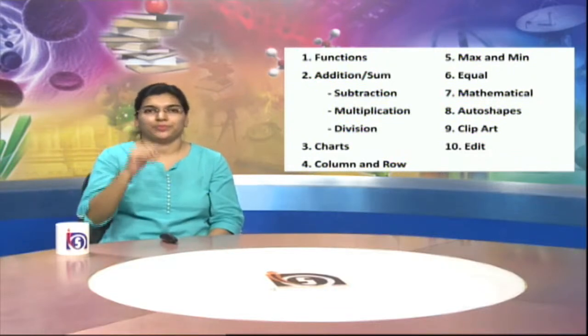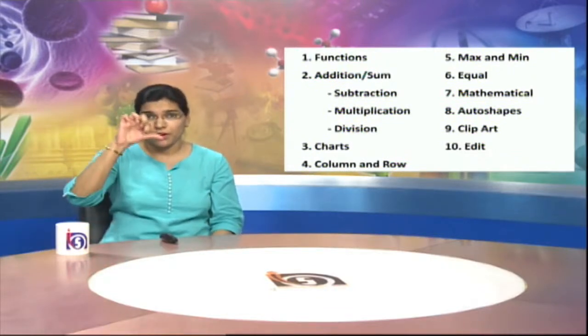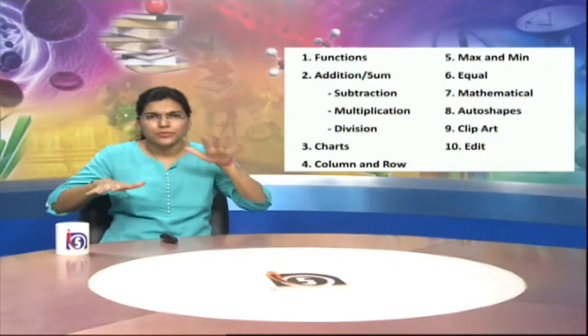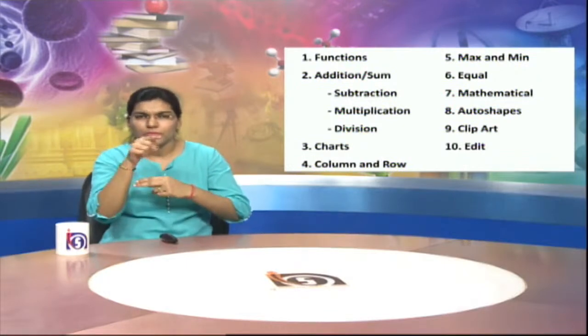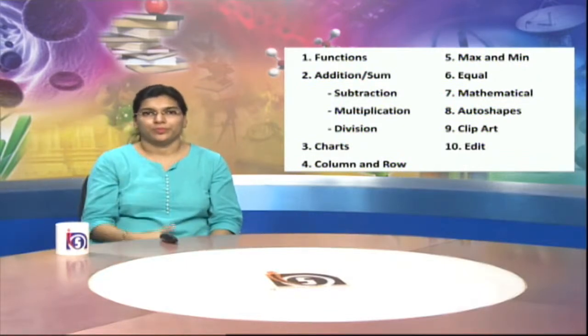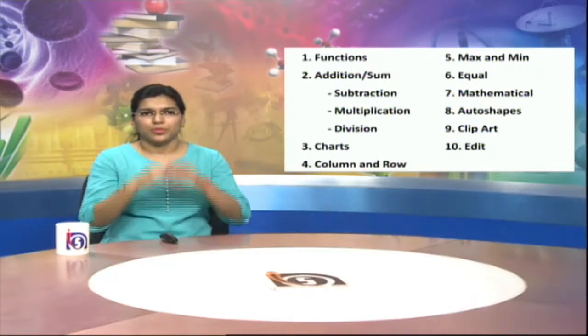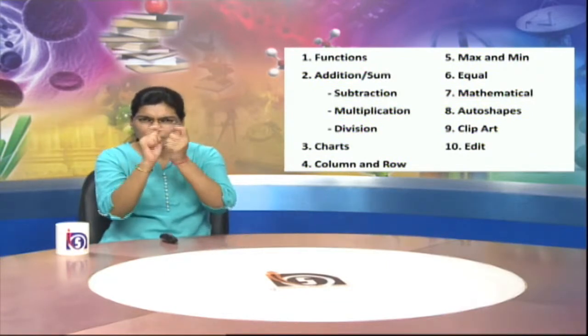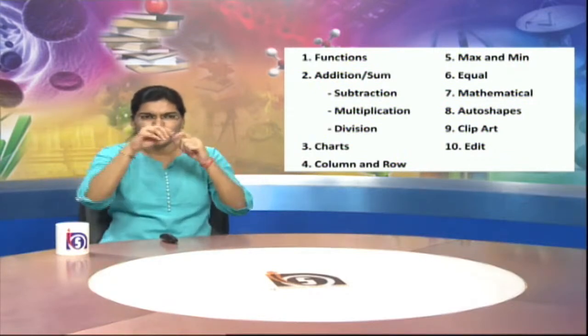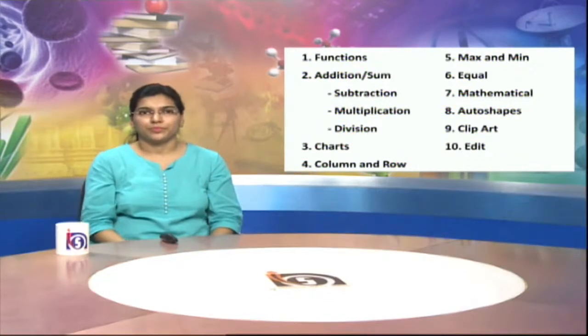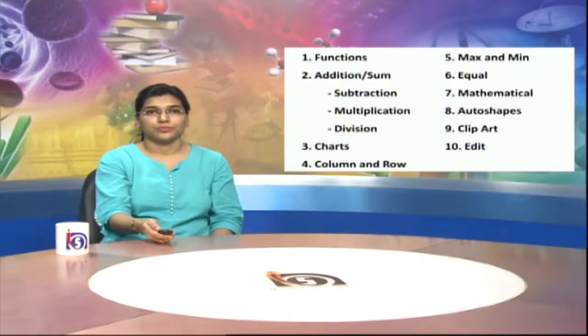So this is the word given to all those shapes. Ninth word is clip art. And then the 10th word is edit: when you do typing or you write any text and you do any editing, modification, then it is known as edit.